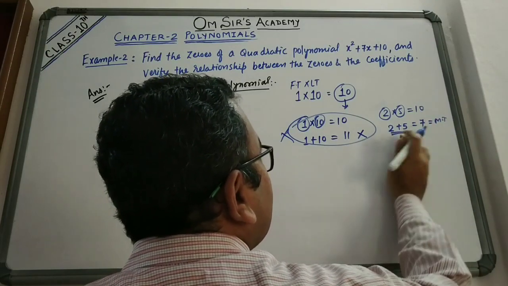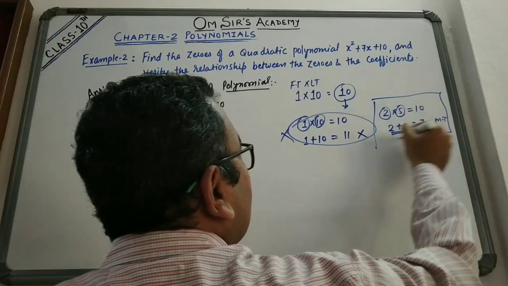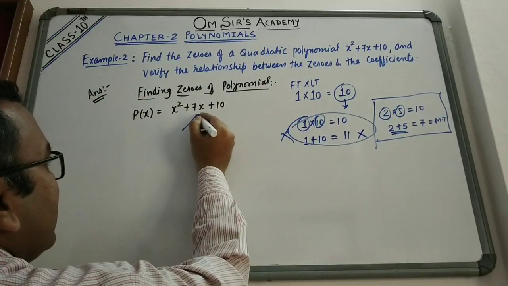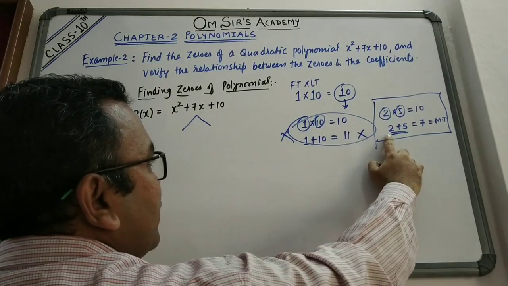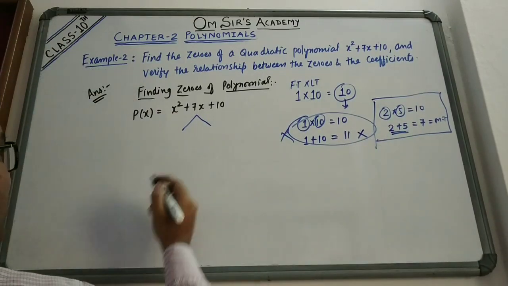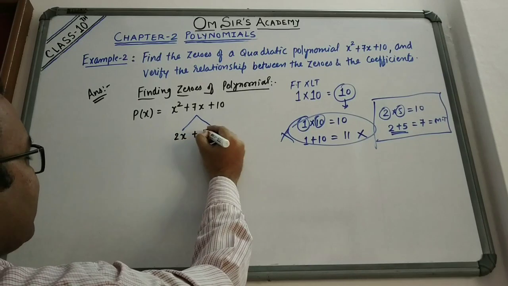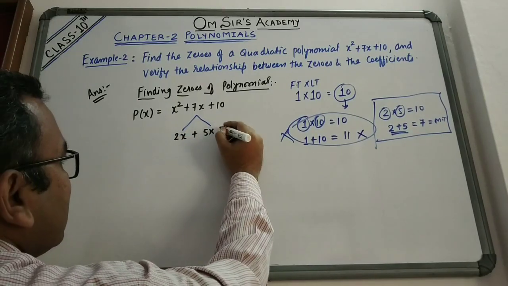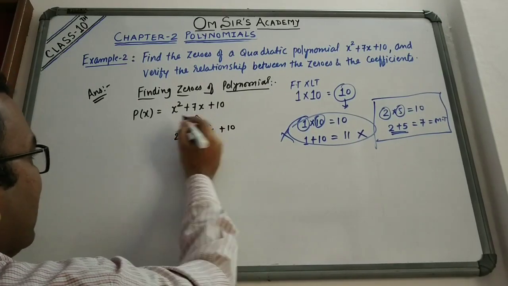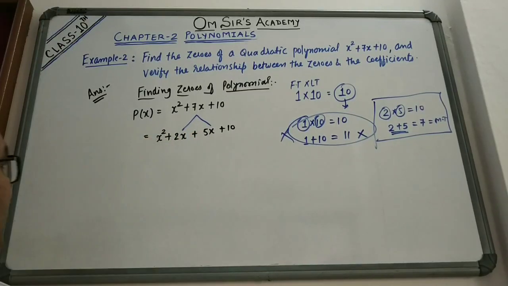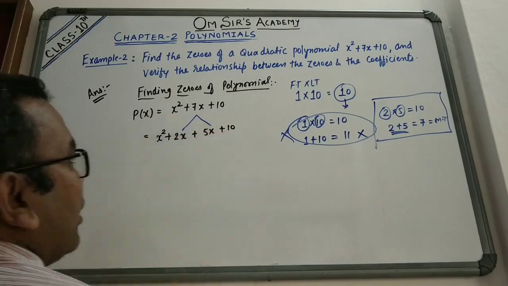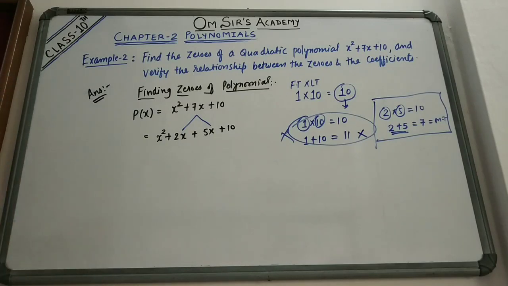So I can take these two factors and split the middle term into two parts. Instead of 7x I can write 2x plus 5x. So I will write x square plus 2x plus 5x plus 10. Okay, so this is how I split the middle term.